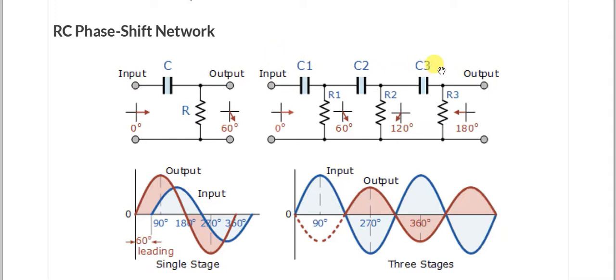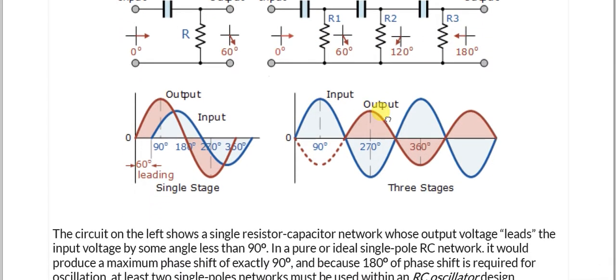But suppose one is generating 20 degrees, the other one, let's say, 80 degrees, and some other is generating some other, but the sum is 180 degrees. In that case, C1, C2, C3 will have different values. So the total is the output. This is the typical phase diagram you can see for single stage, and this is for the three stage. Very clearly self-explanatory.